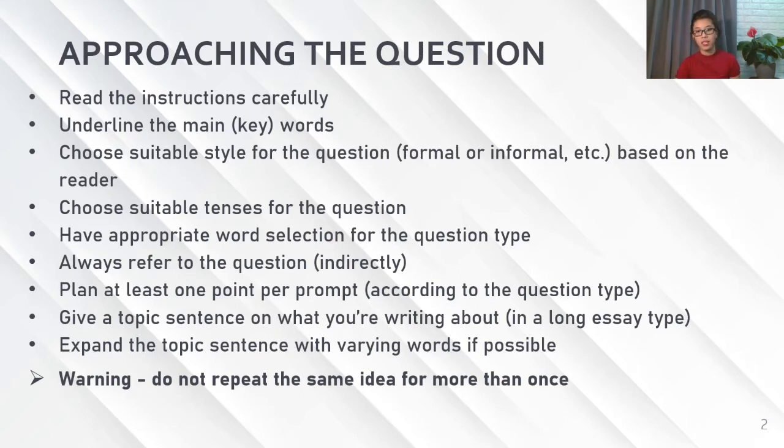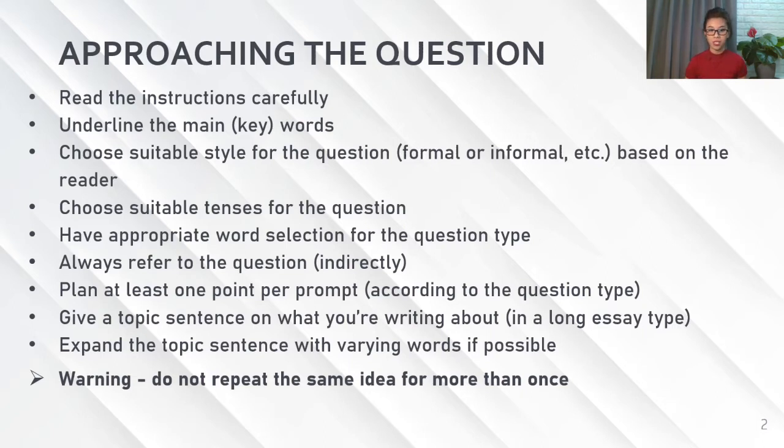So yeah, the next one says plan at least 1 point per prompt. According to the question type, if it is a long essay type, you must plan 1 point per prompt, either the prompt that's given, or the prompt that you have to make up by yourself.